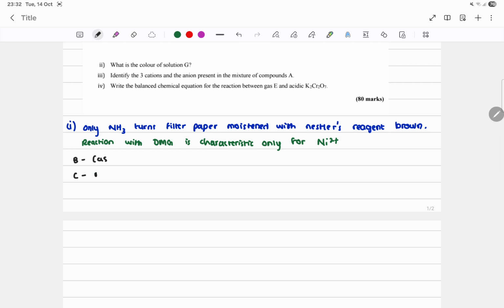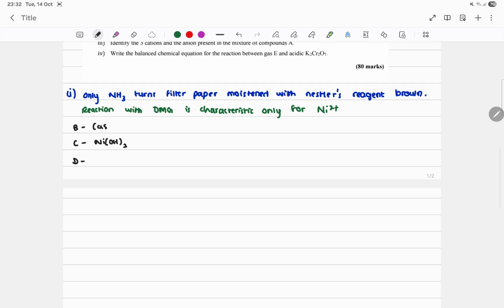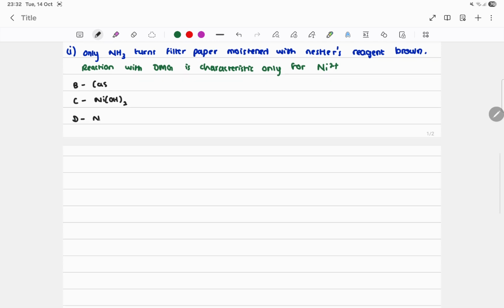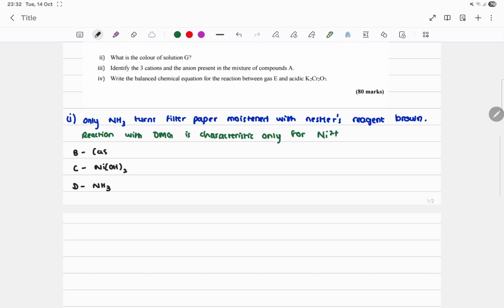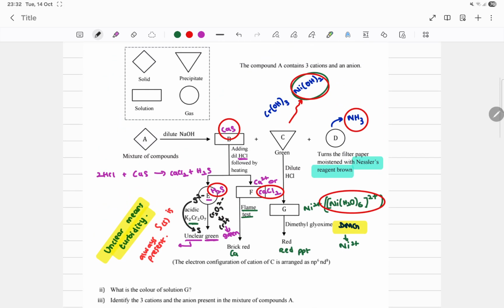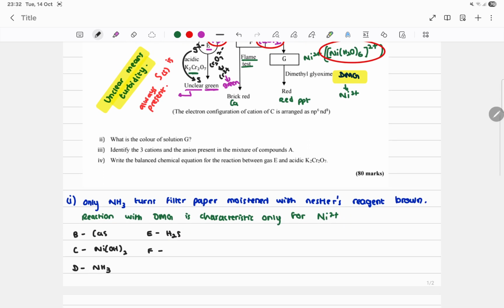C, nickel hydroxide. D is ammonia. Then E is H2S. F, CaCl2.